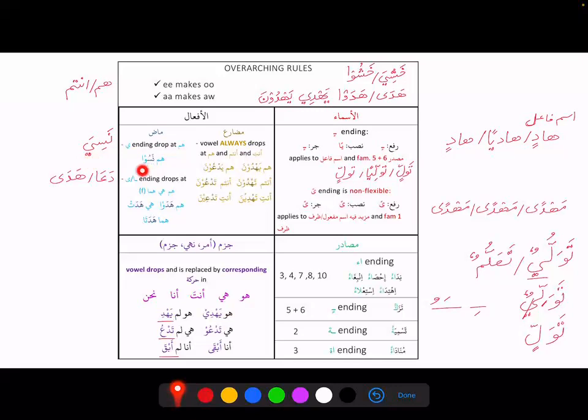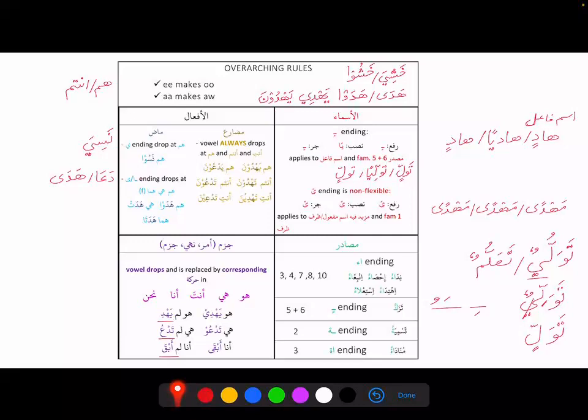Rather, what do we see over here? Wow. And we need to remember this wow is not a root letter. Rather, the root letter is kind of dropped. And this is wow of jama, because hum is a plural. So this wow is the wow of plurality.